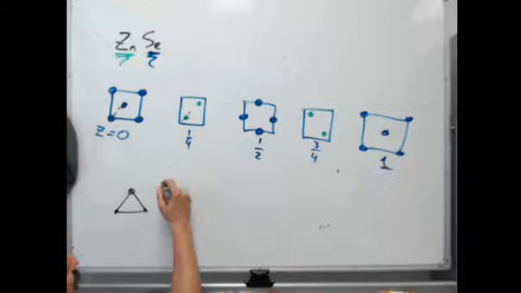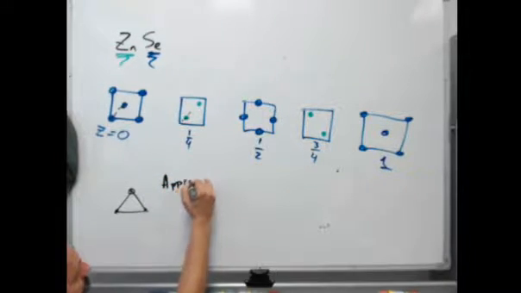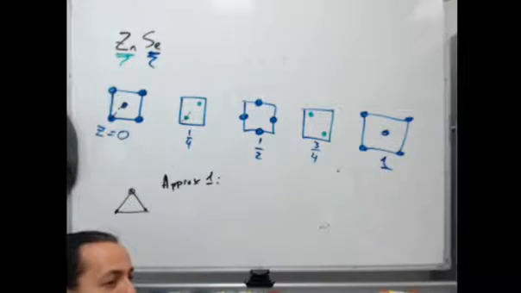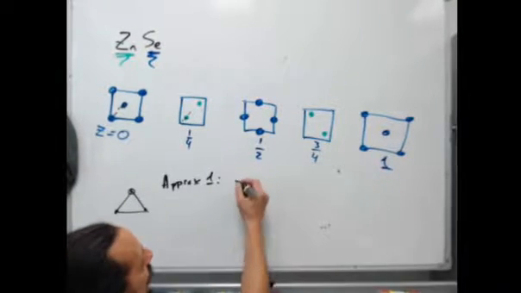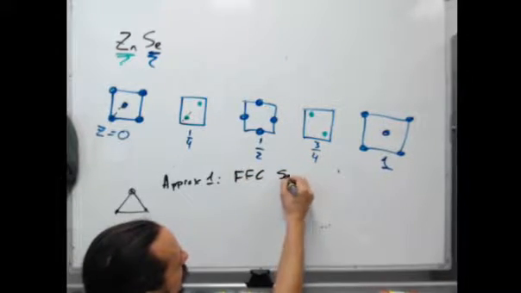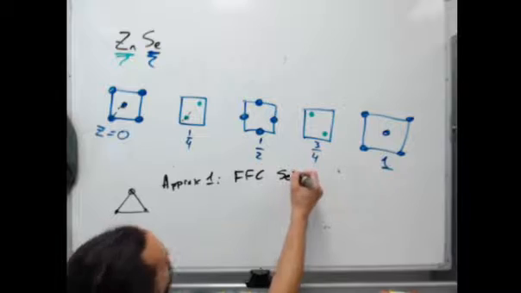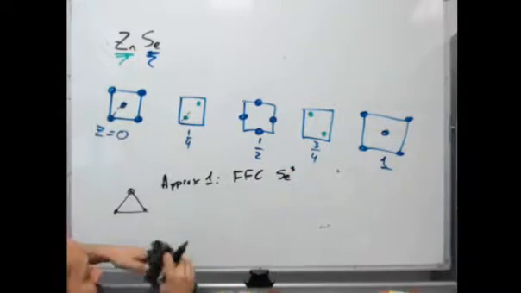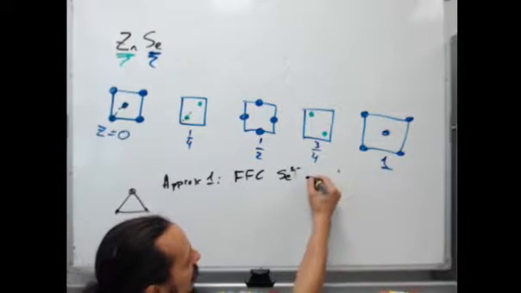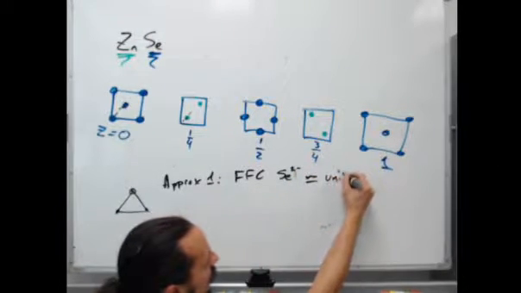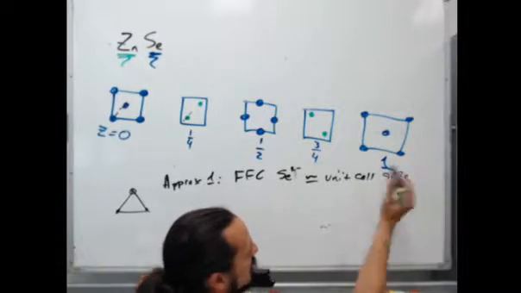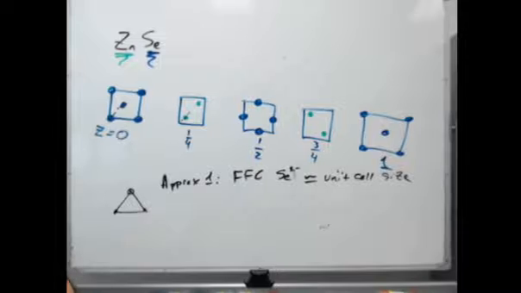So approximation 1, the easy approximation that probably introduces more error, would say the face centered cubic of the selenide, Se2-, is approximately the unit cell size.